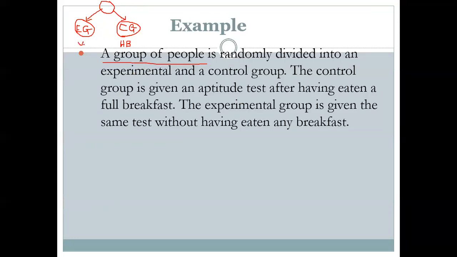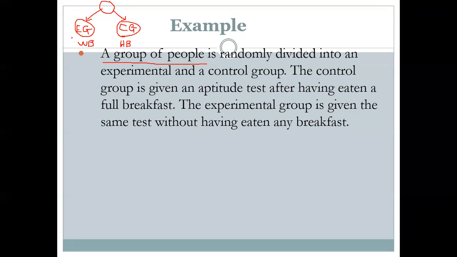So that means both groups have been given a test, but the difference is that for the control group, the test is conducted after the group has had their breakfast. But for the experimental group, the test will be conducted without the group having breakfast.